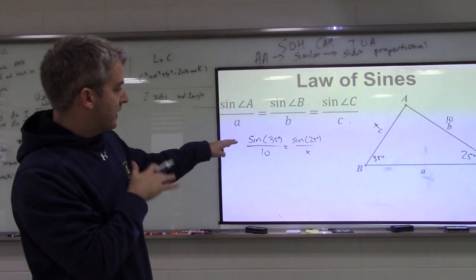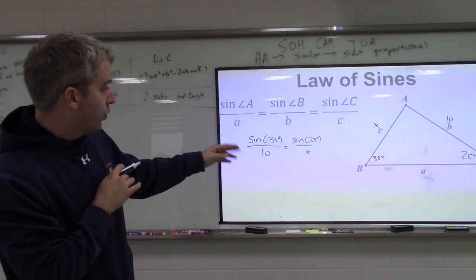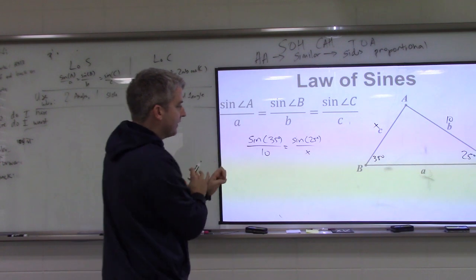Those are just numbers, right? Sine 35 is a number, sine of 25 is just a number. We can solve this to get x.